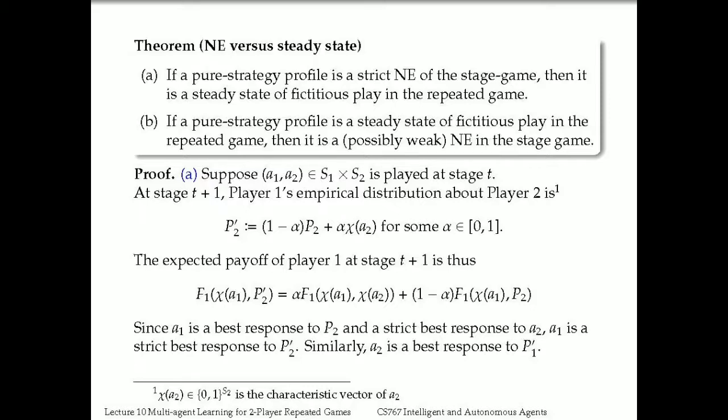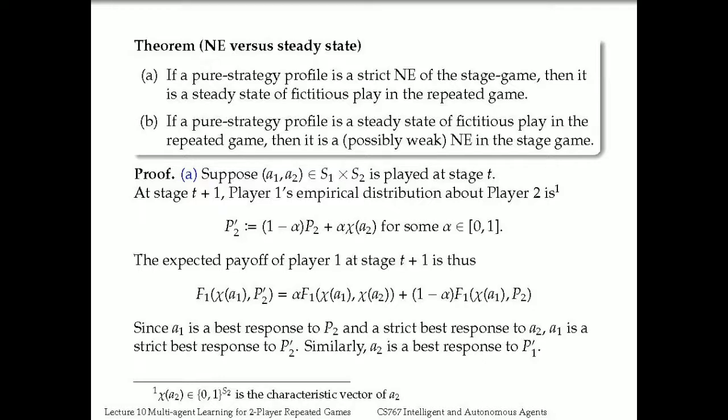To do that, we need to consider the belief of player one, and the belief of player one is actually about player two, right? So essentially, player one will maintain this distribution P2, and we write P2 to be the current P2 and P2 prime to be the updated P2 after that stage has been performed.